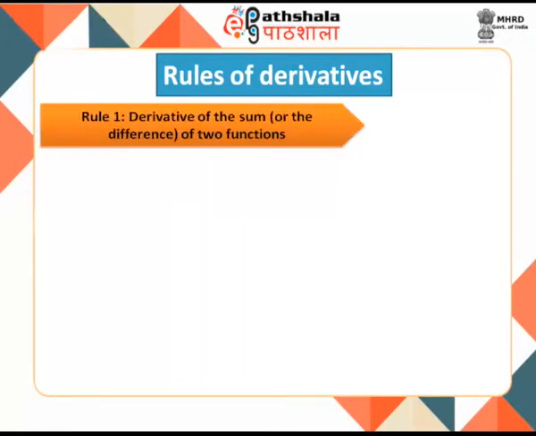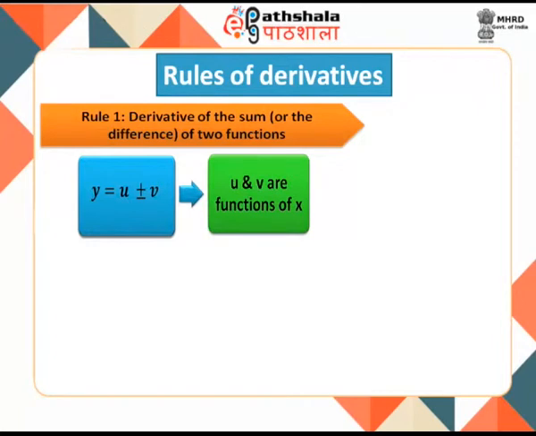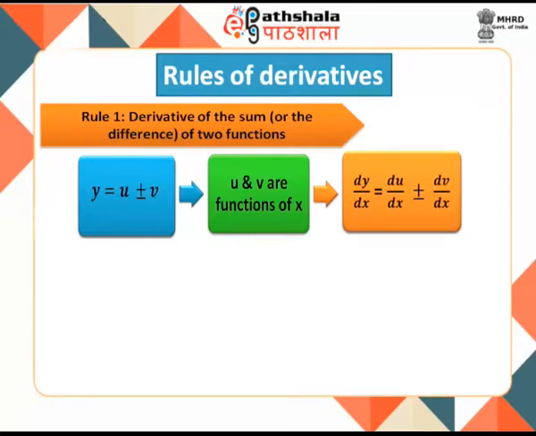Rule 1. Derivative of the sum or the difference of two functions. If y equal to u plus minus v, where u and v are both functions of x, then dy by dx equal to du by dx plus minus dv by dx.